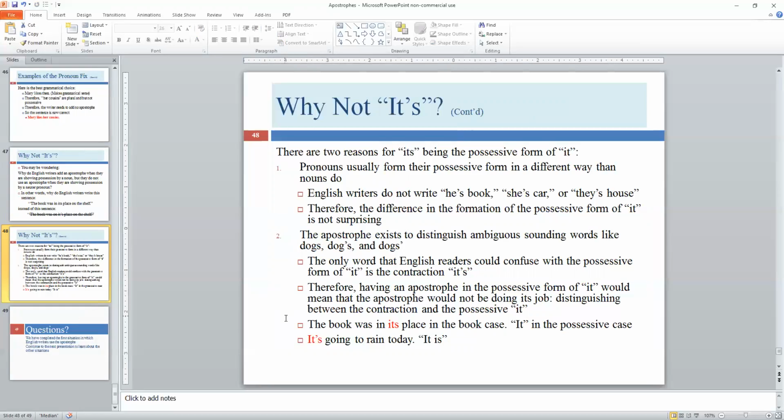And the ambiguity we have with the word its is between the contraction form, which does have an apostrophe, and the genitive case form, which makes more sense for us to leave out the apostrophe to help us with the ambiguity. So that's why we don't have it apostrophe s to mean possessive. Hopefully that makes sense to you.